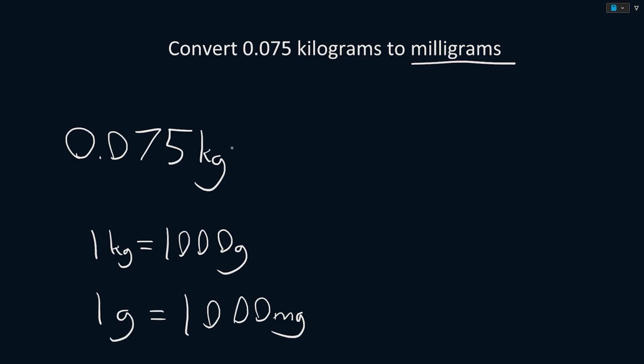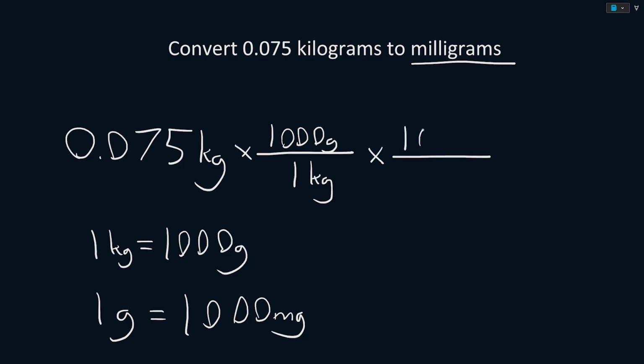First, we will convert kilograms to grams by multiplying through our conversion factor of 1,000 grams per 1 kilogram. Then we will convert from grams to milligrams by multiplying through our conversion factor of 1,000 milligrams to 1 gram.